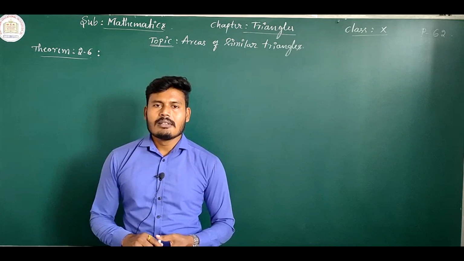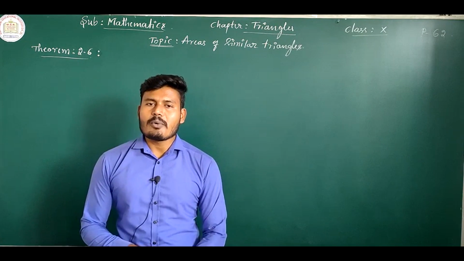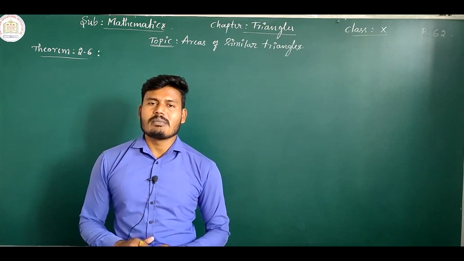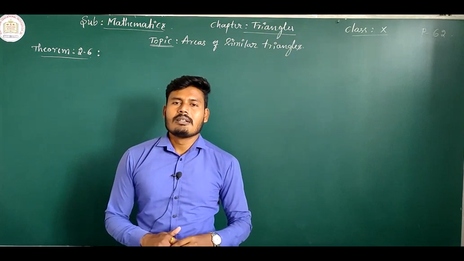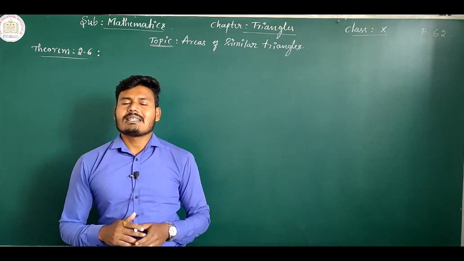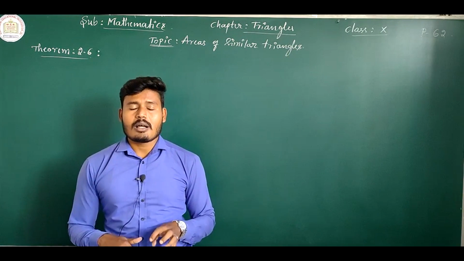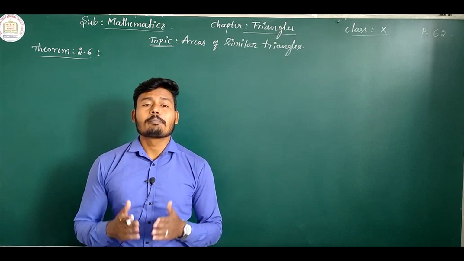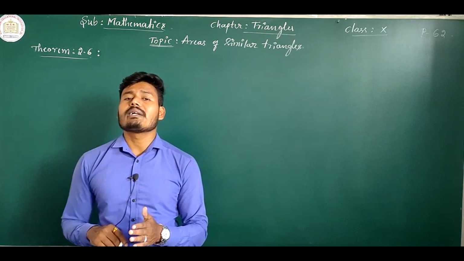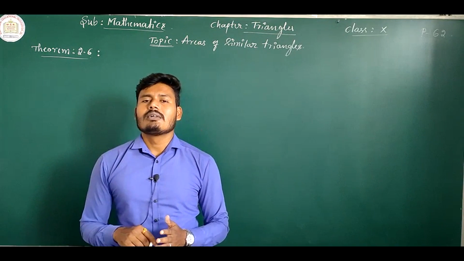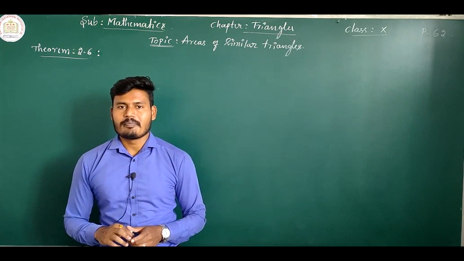We also solved some problems regarding these three theorems in earlier classes. So today we are going to discuss another very important theorem, that is areas of similar triangles. Before going to the proof of this particular theorem, we should know the statement of this theorem.